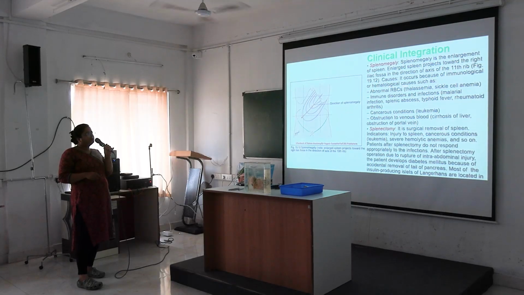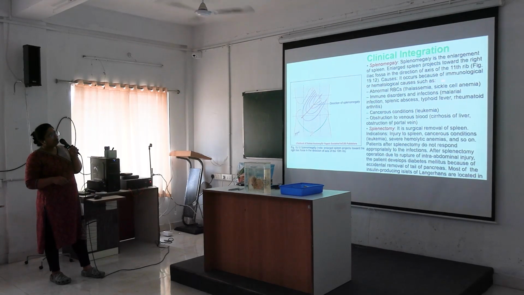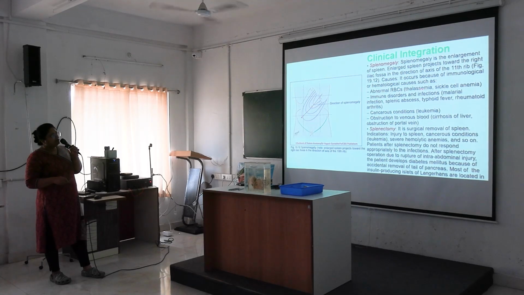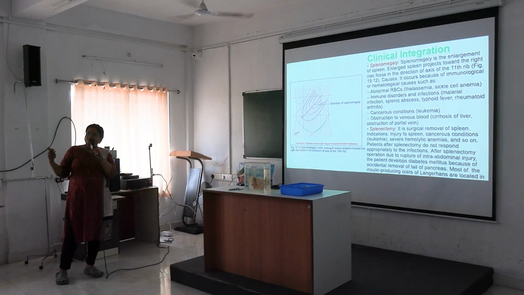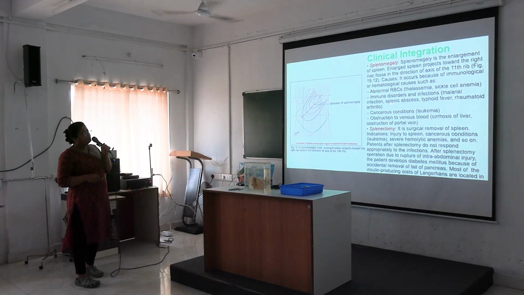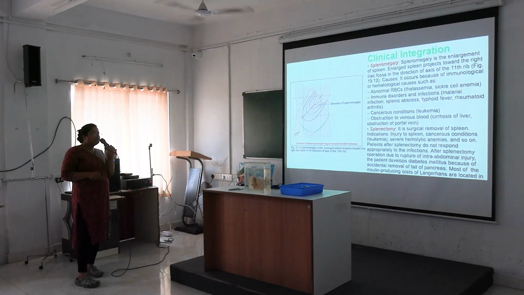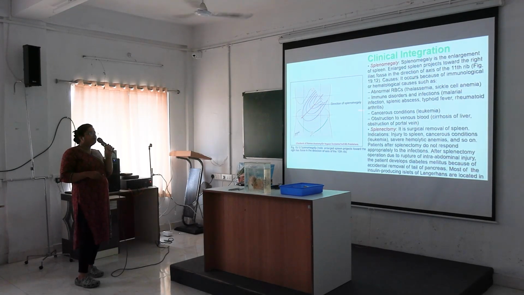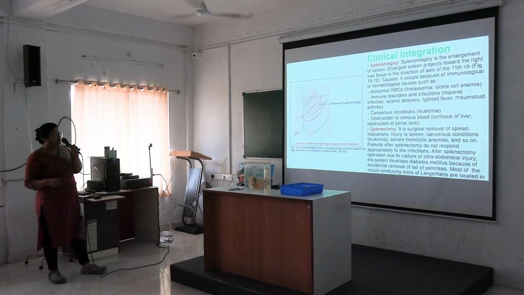and it occurs because of immunological or hematological causes, such as abnormal RBCs in thalassemia and sickle cell anemia; in these patients you will get splenomegaly. Immune disorders and infections like malarial infection, splenic abscess, typhoid fever, rheumatoid arthritis, in these also mild enlargement of the spleen occurs.